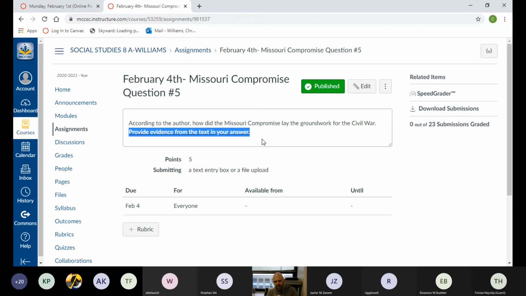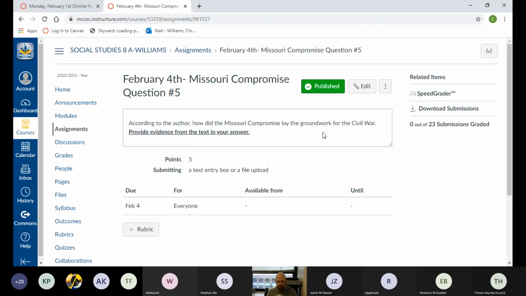I need to see that you understand the text, the situation and the circumstances going on in the country, and that takes you to the next step in understanding why we could see this as one of the many circumstances that will eventually lead the country to war. Okay. And I do like the phrasing laying the groundwork more than just a cause, because there are so many causes of a civil war and it's not a singular situation.